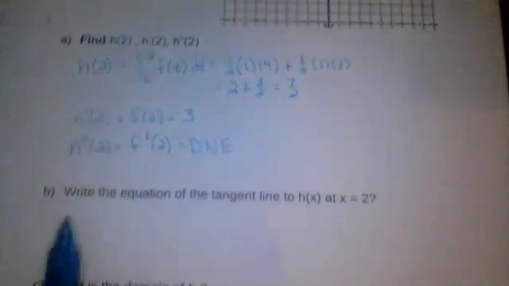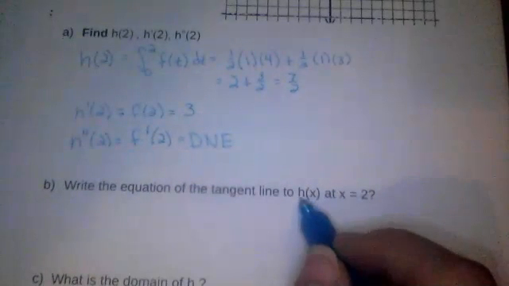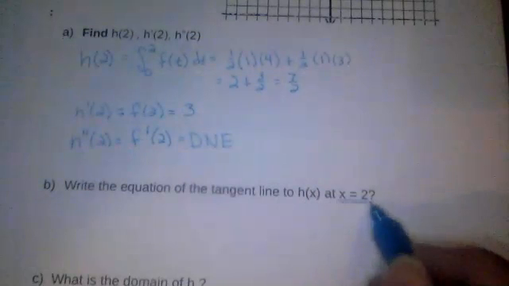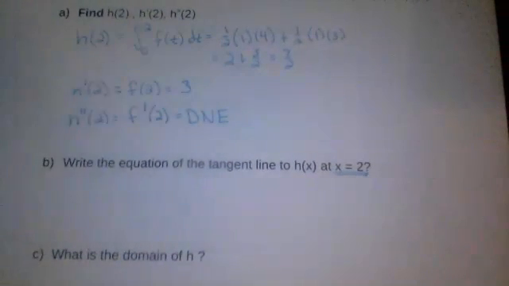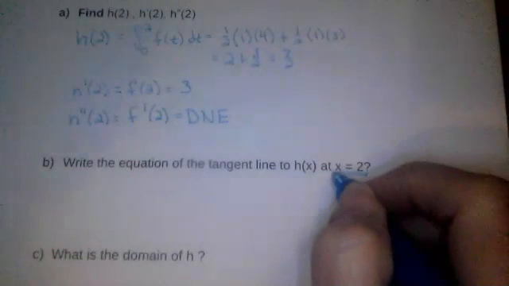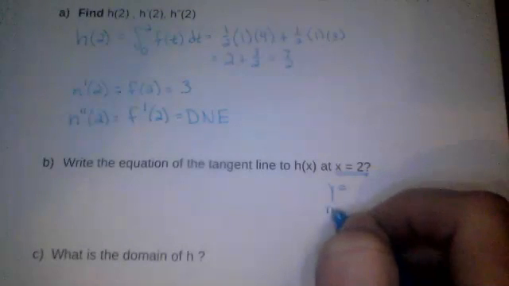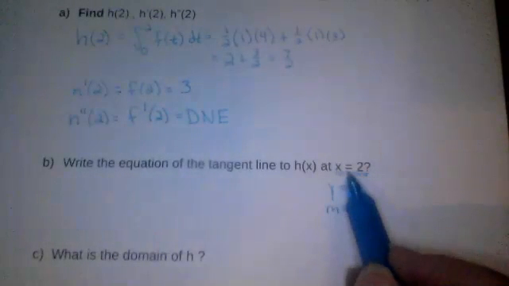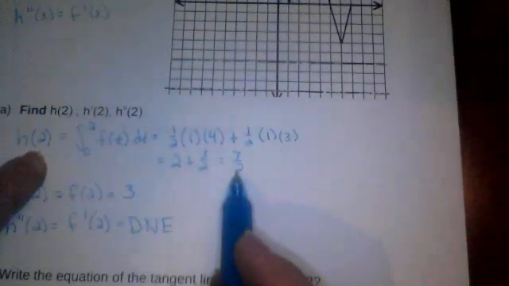Okay, so part B, it says write the equation of the tangent line to h of x at x equals 2. Well, they gave us most of everything we need. H of 2, so we need x, we need y, and we need the slope. Well, when x was 2, the function ended up being 7/2.